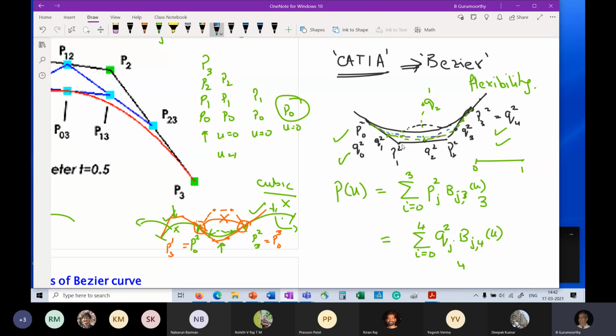So that is desirable because now I have a way to achieve the goal that we wanted of introducing a small hump or a dip in this shape. But the price you pay is that every time you get this additional flexibility, your degree has gone up.